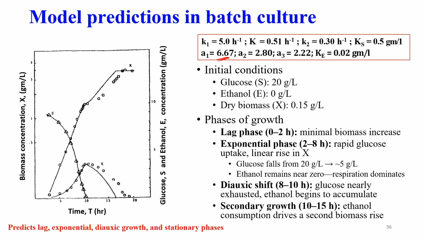So, you just see this is the model predicted profile. This is the biomass X, this is the substrate and this is the ethanol. It says the initial glucose concentration was close to 20 grams per liter, ethanol was 0 and dry biomass was close to 0.15 gram per liter.